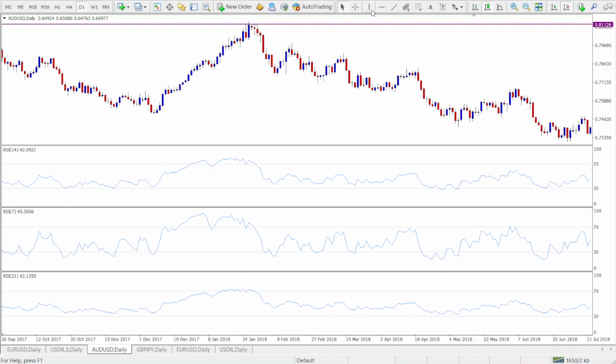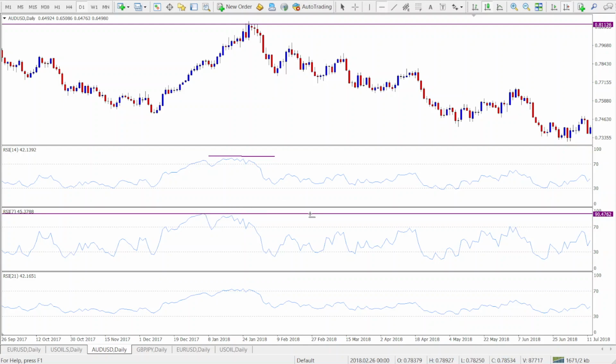We can see that the RSI 14 was in the overbought territory above 70, the RSI 7 in the overbought territory above 70, and the RSI 21 was also above 70 in the overbought territory. So once you have found this alignment, you can then look for a good sell opportunity right there.